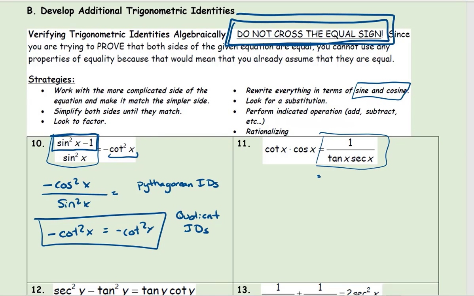When there's multiplication, you can break up the denominator into 2 separate things, because this would be 1 over tangent of x times 1 over secant of x. Multiply these together, you still get 1. Multiply these together, and you're still going to get tangent x secant x for the denominator. So all we did was break up the denominator.